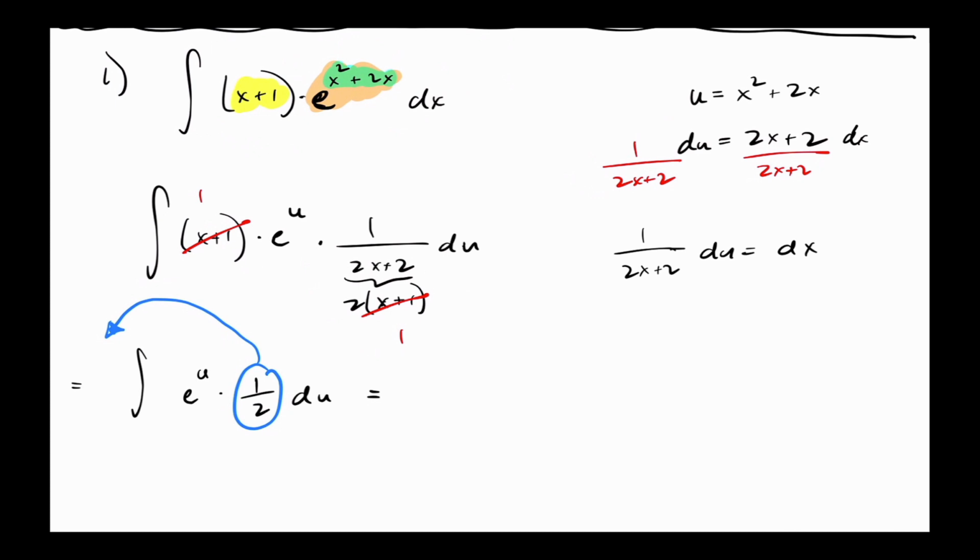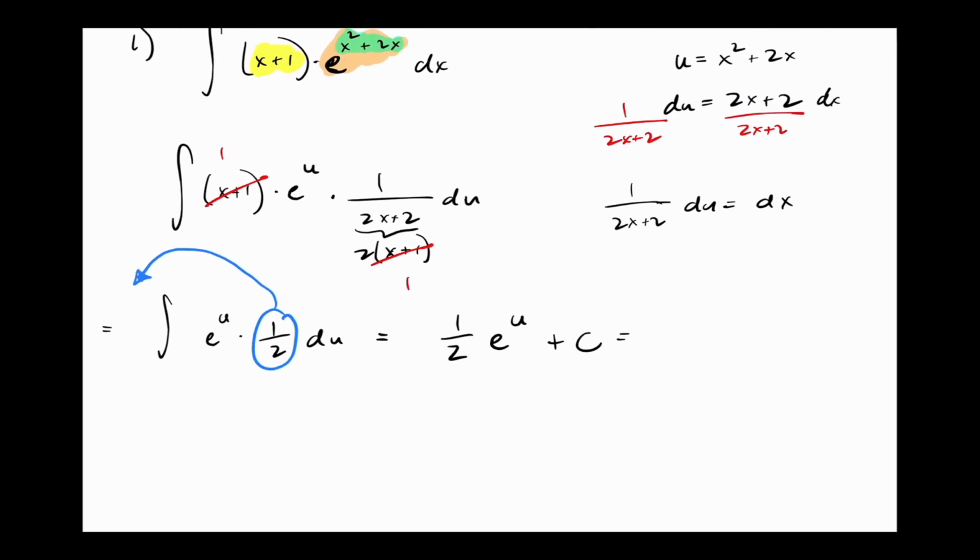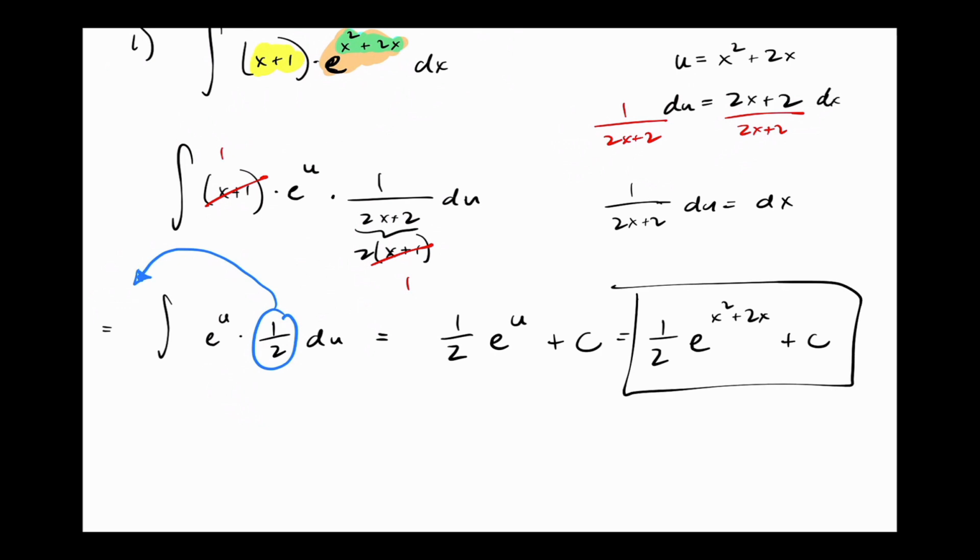E to the u. If the derivative is e, it repeats itself, so the antiderivative is going to repeat itself too. So I get 1/2 e to the u plus c. Put u back in. Done.